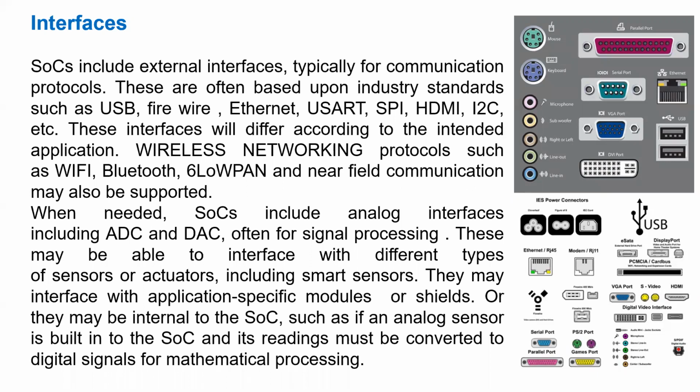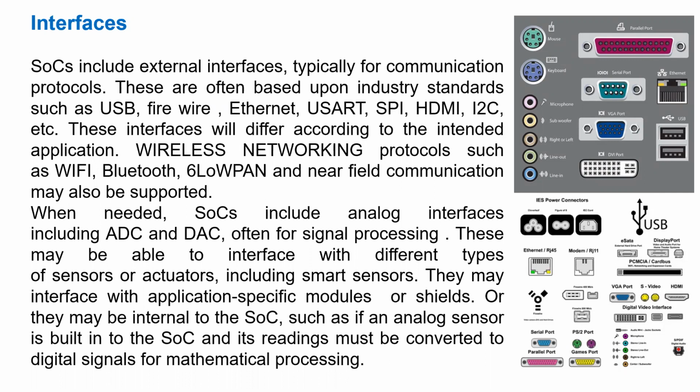Okay, there are certain application specific modules which may be present on your system on chip. Sometimes the system on chip may also have analog sensors which are built into the SoC. For such analog sensors built in on your SoC, we need an analog to digital converter.